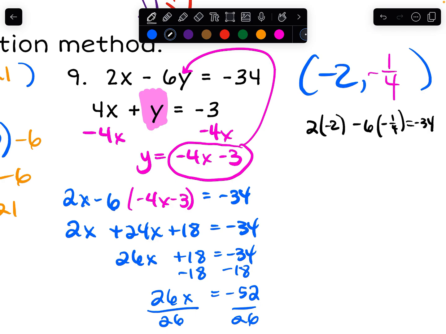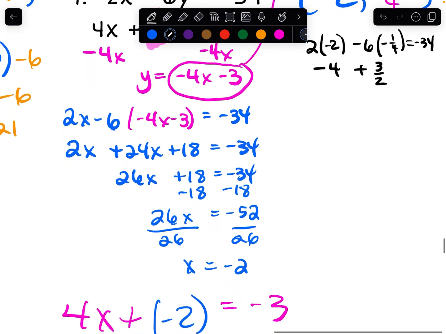Something seems like it's wrong. So this would get me -4 plus 3/2. Yeah, that's not right. There is something wrong with this equation, or this problem. 2x minus 6, -4, 34. It gets me 18.